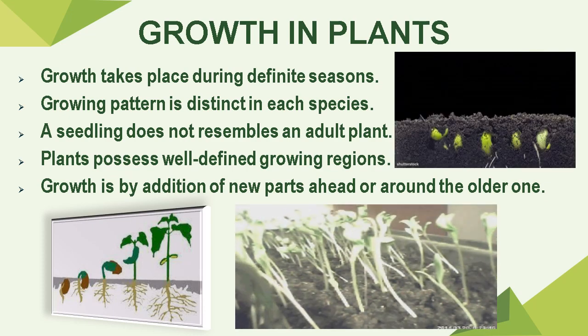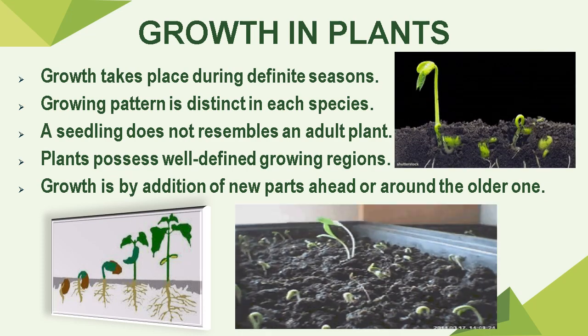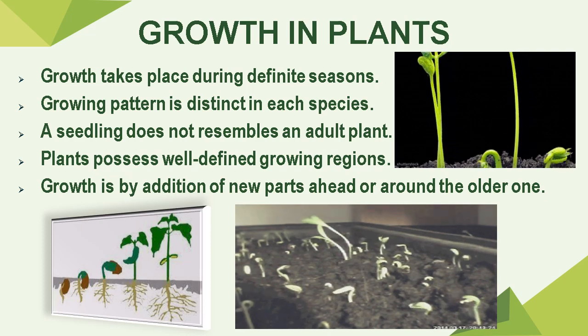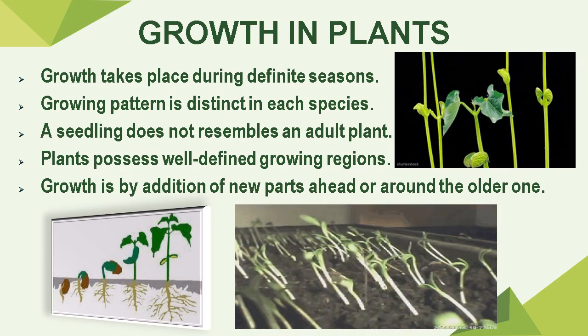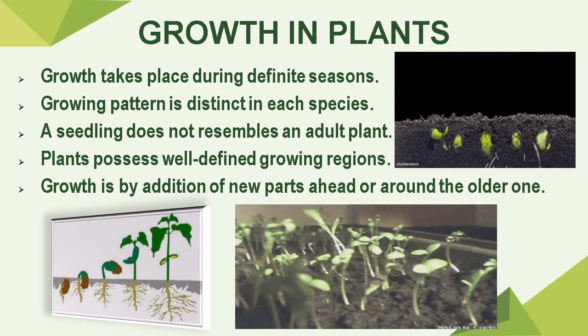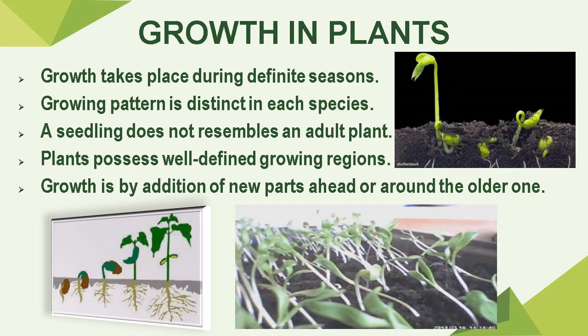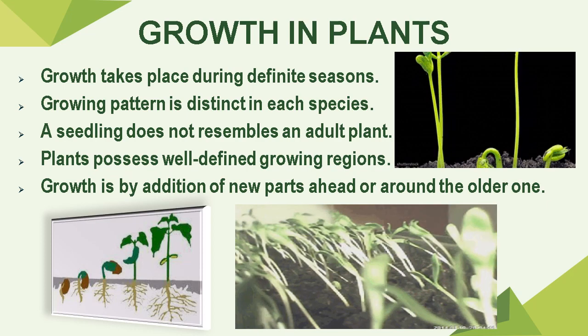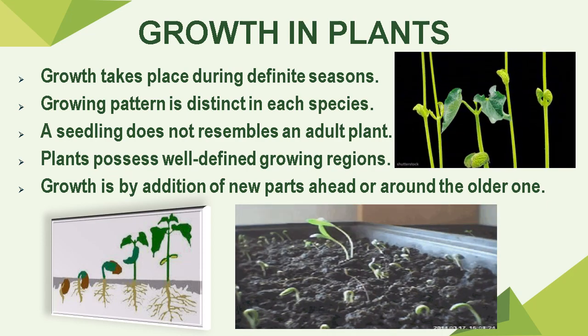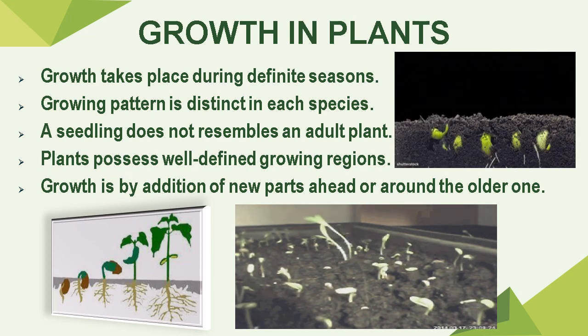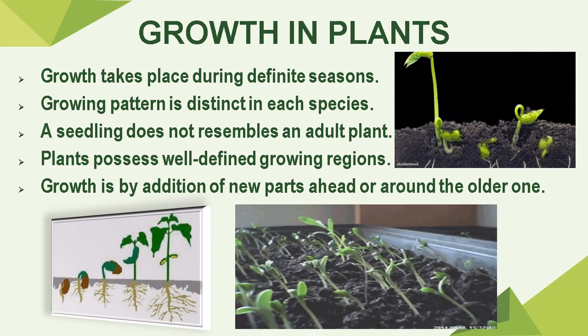Growth takes place during definite seasons. For example, annuals require one growing season, biennials require two growing seasons, while perennial plants require many years to live.